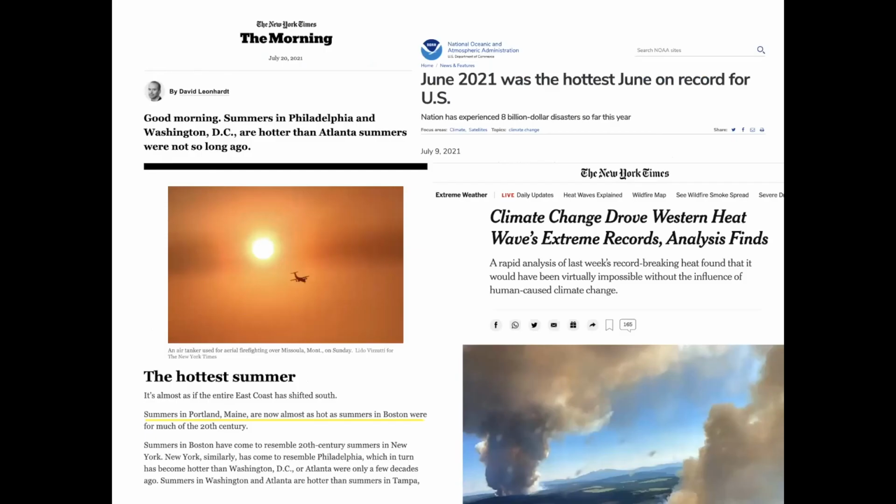Now, we are already starting to see the consequences of all of this change. And believe it or not, all of these articles are from this year, and we are seeing the hottest summer ever. It's almost like we are moving the whole country south.